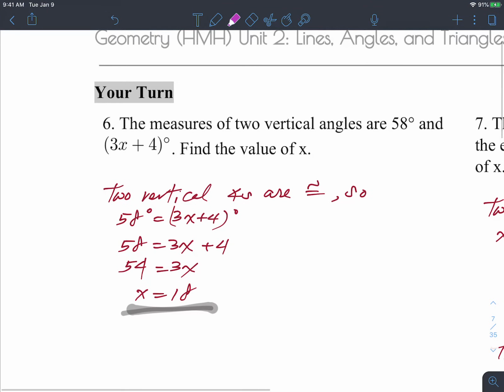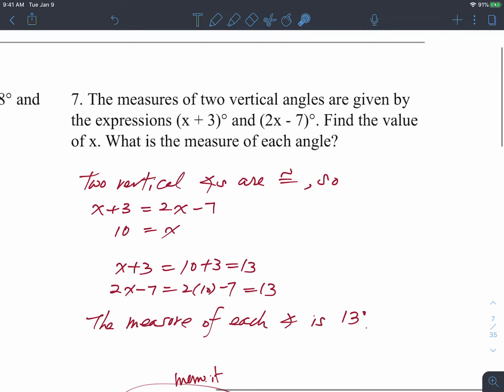Number 6, that is the case because if these two are vertical angles, they're equal to each other. You would literally write down vertical angles are congruent. So when they're congruent it means that they have the same measurement, right? So you set them equal to each other. And when you solve for that algebraically, x becomes 18.